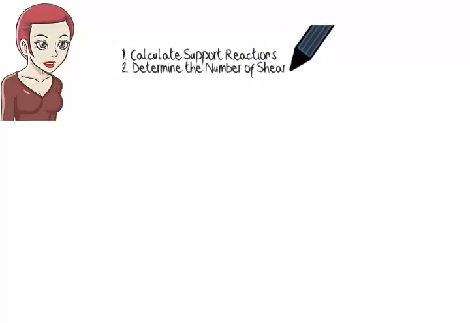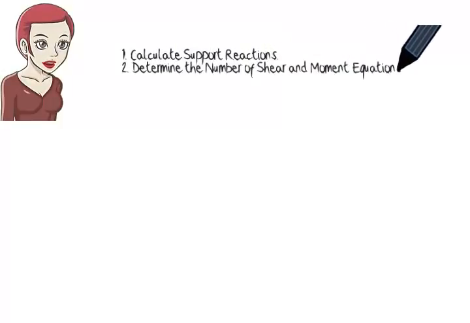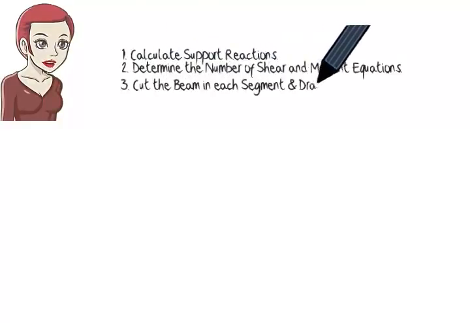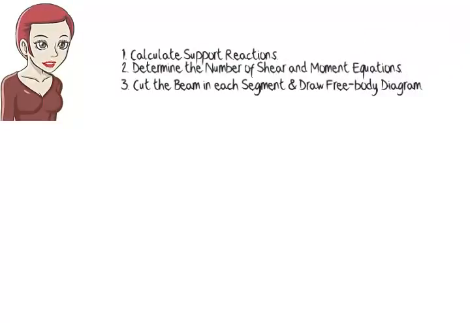So, let's summarize what we have so far. To write shear and moment equations, first we calculate the beam's support reactions. Second, we determine the segments that the beam needs to be divided into for the purpose of formulating shear and moment equations. Now let's talk about the third step. In this step, we are going to cut the beam in each of the identified segments at some distance, say x, from the left end of the beam.